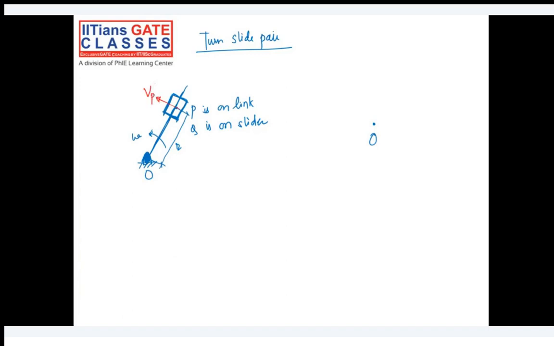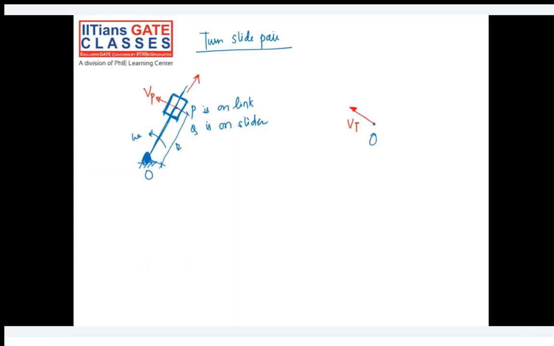Let's take this point for example. From here, let's say the slider is sliding in this direction. This is the velocity of the slider, and then this is the resultant velocity. You can draw it later.